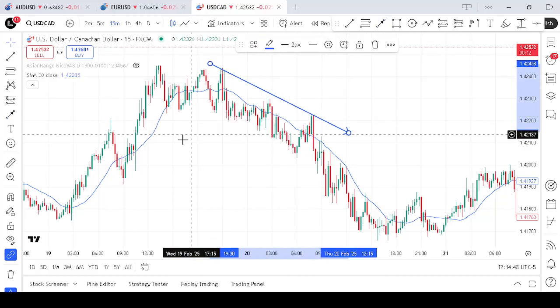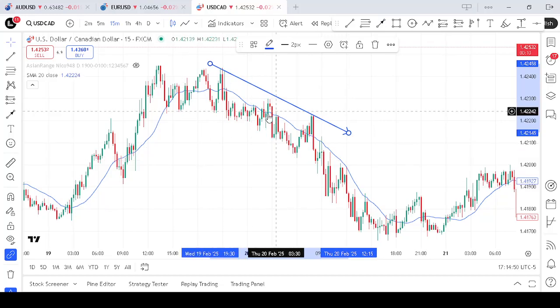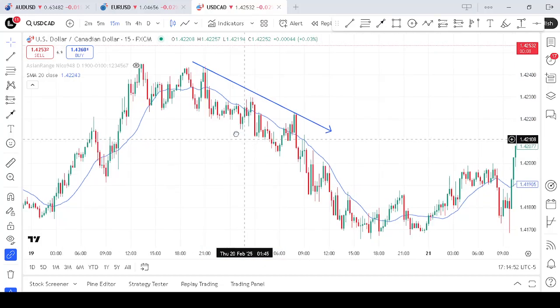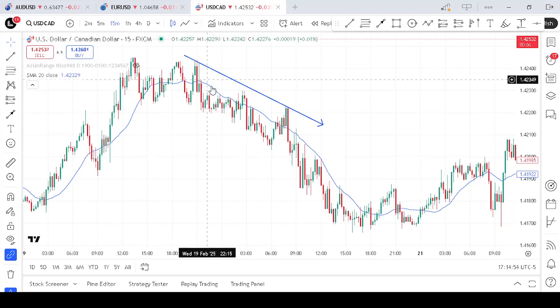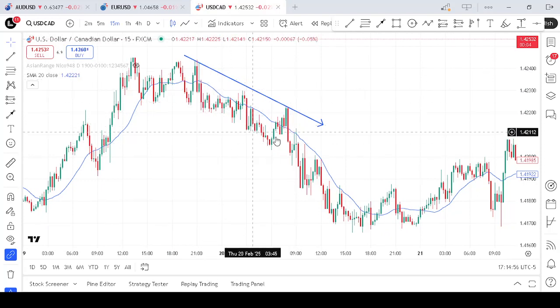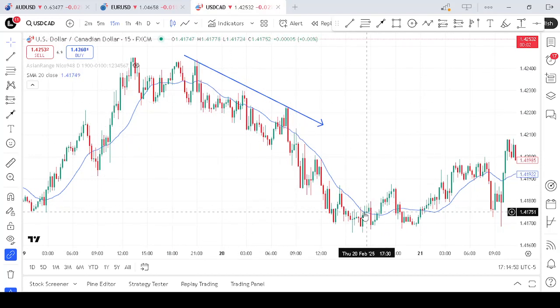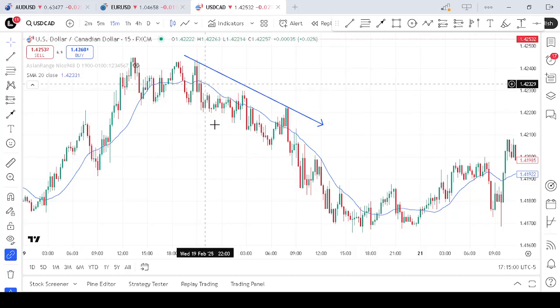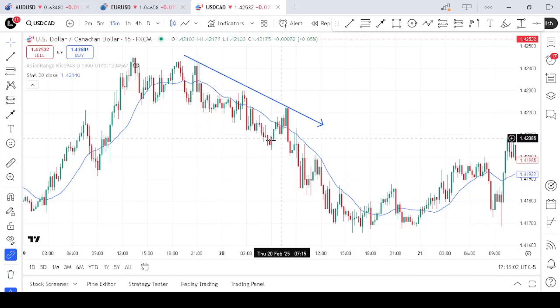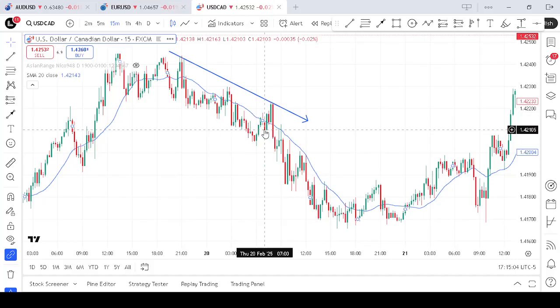The second step is we should make sure that price remains below the 20 moving average. As you can see, price is trading below the 20 moving average. Then we should enter our trade once we see price has touched or rebounded on the 20 moving average.